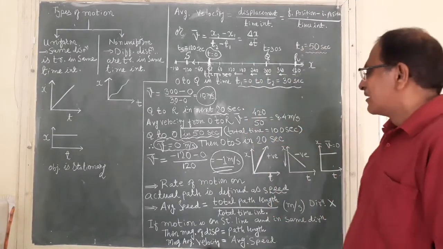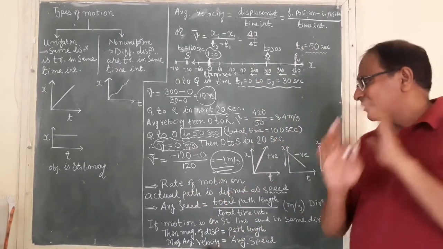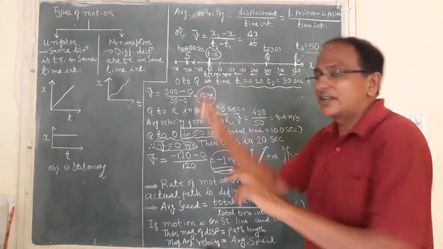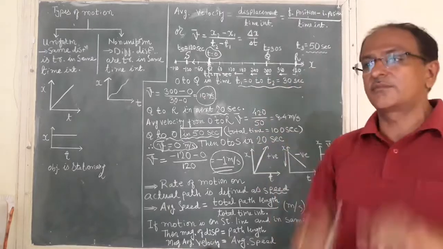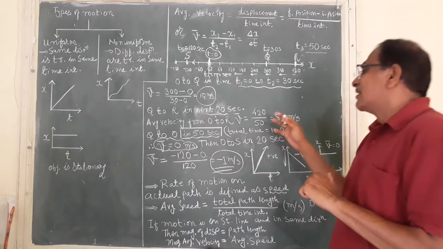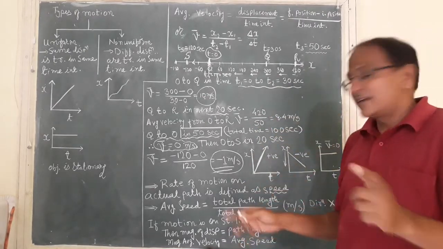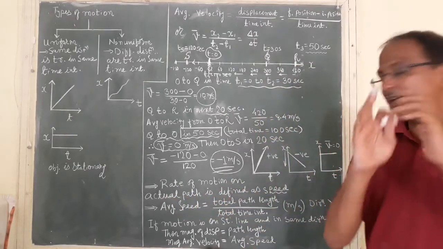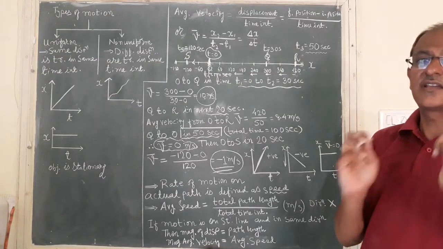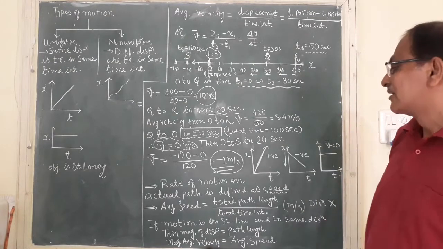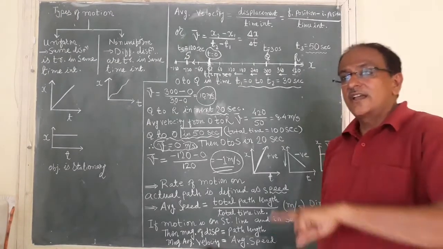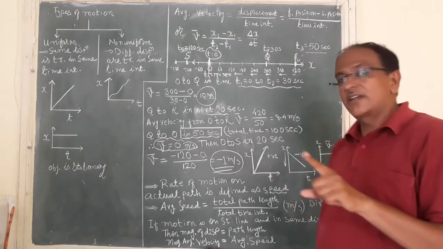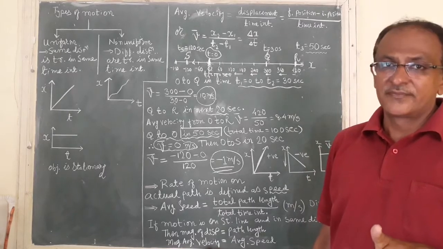Okay. Now this is all about average velocity. Now rate of motion on the actual path is also defined. Here we have taken final position and initial position into consideration. You can define rate of motion on the basis of the actual path which has been travelled by the object, and if you divide the actual distance travelled, that is called path length, or distance travelled.